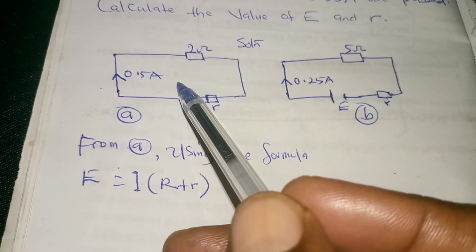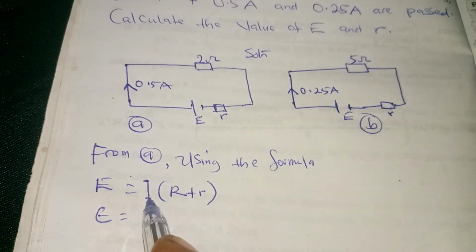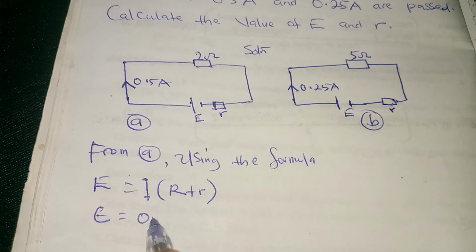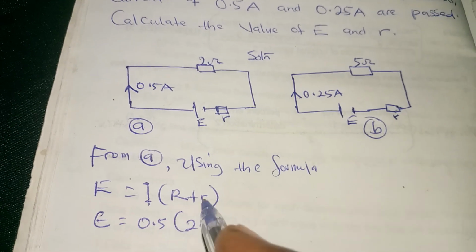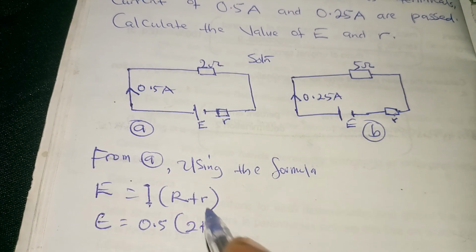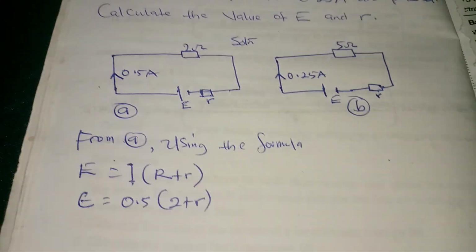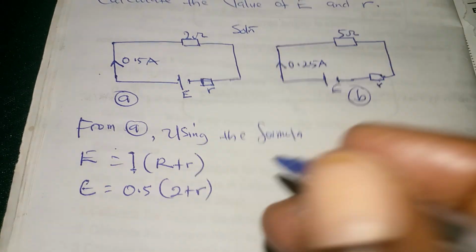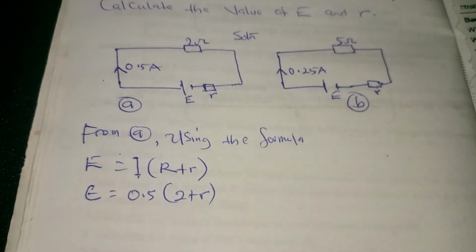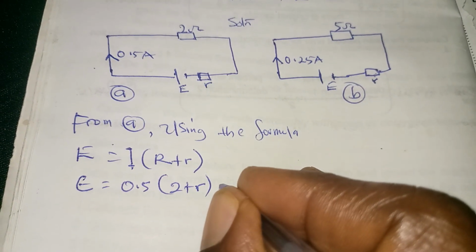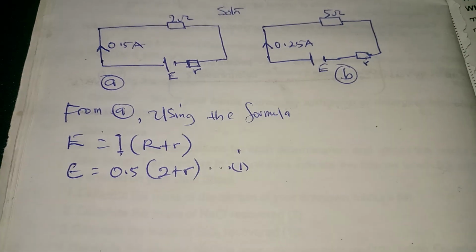For A, the electromotive force is unknown. What is I? The current is 0.5, into what is R? R is 2, plus the small r, which is not given, the internal resistance. So I'm done with A, and I can choose this to be my equation 1.